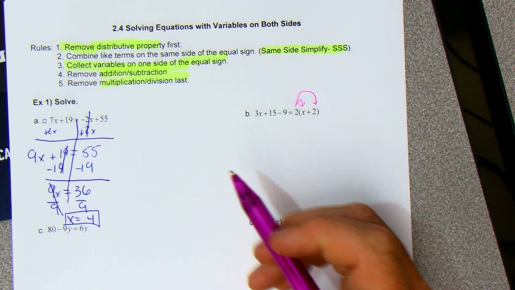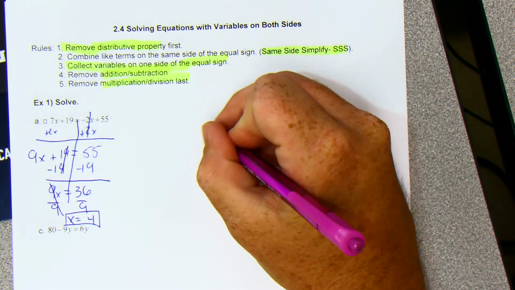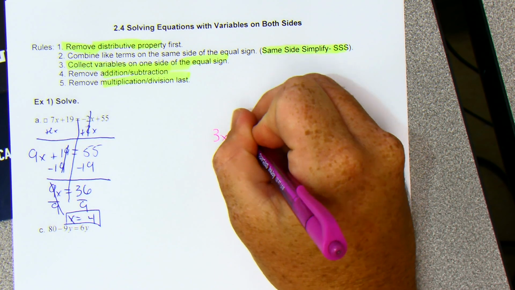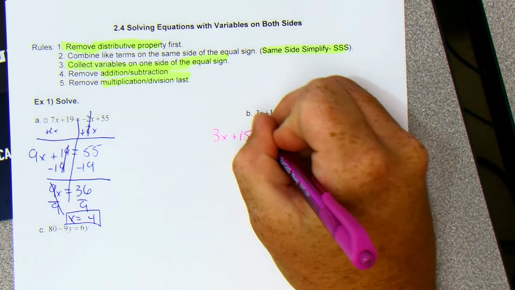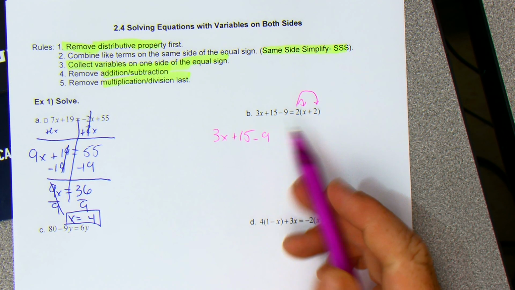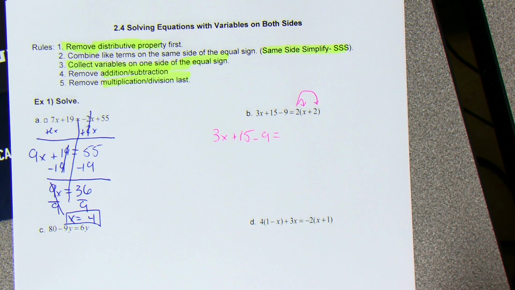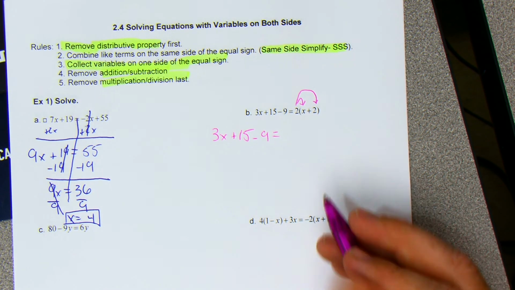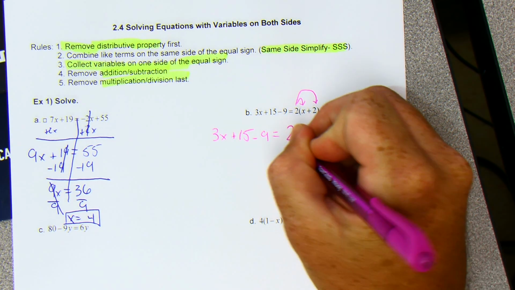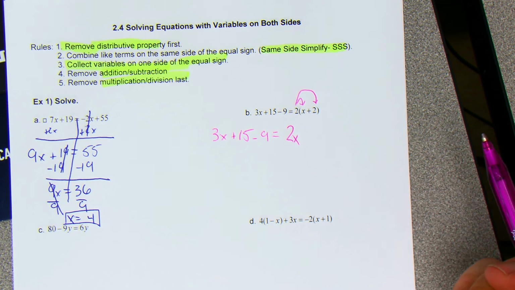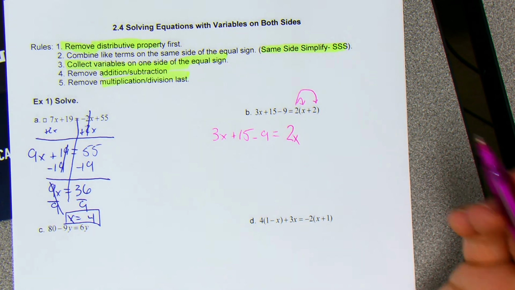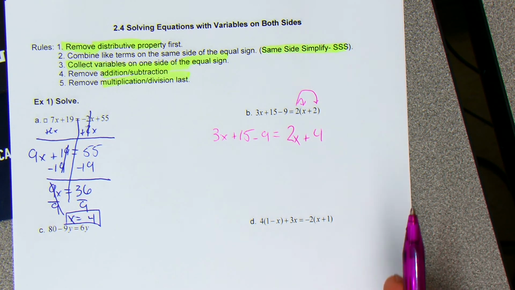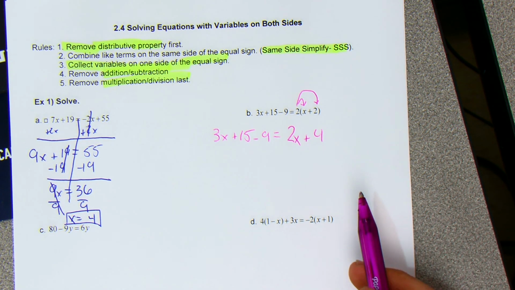I'm going to rewrite this problem down here: 3x plus 15 minus 9, just straight from up here, equals, and then I distribute my 2. 2 times x is 2x. Then I distribute my 2 into the second number in the parentheses, and 2 times 2 would be a positive 4. So I have 3x plus 15 minus 9 equals 2x plus 4.